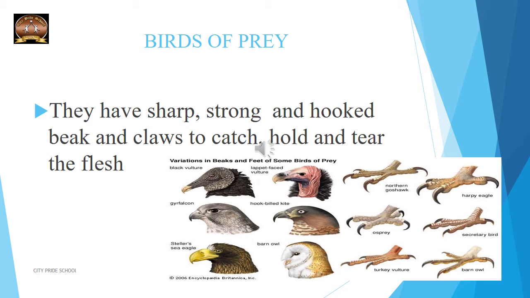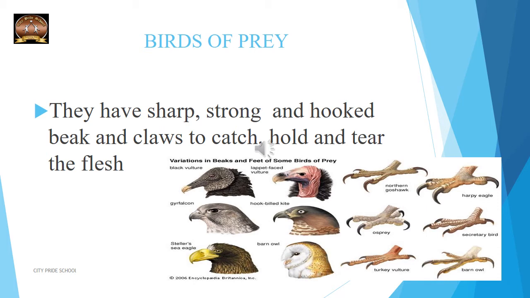Obviously two things we have to look for: their beak and their claws. If you have seen the beak of the birds which hunt other animals, the beaks are very strong and hooked so that they can hold that animal in their beak. As well, the claws are very sharp, so they can hold and tear that flesh with the help of those claws.